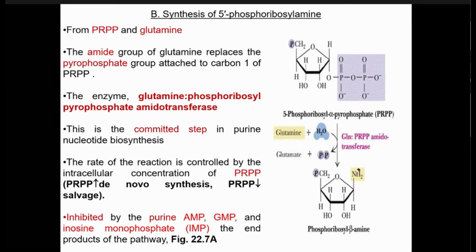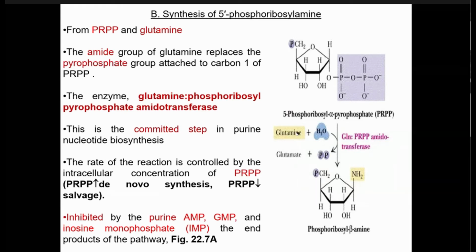So with these compounds, see the 5 prime, this is 5-phosphoribosyl alpha pyrophosphate, the alpha pyrophosphate at number 1. What you do is take this pyrophosphate, and then an enzyme comes, called glutamine phosphoribosyl pyrophosphate aminotransferase. The aminotransferase means it is going to transfer amines from the amino acid glutamine.